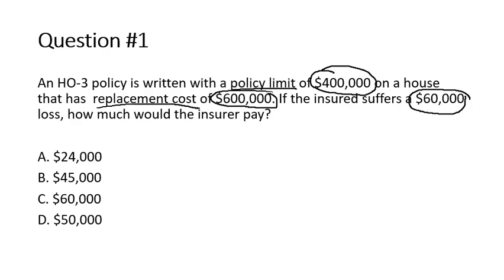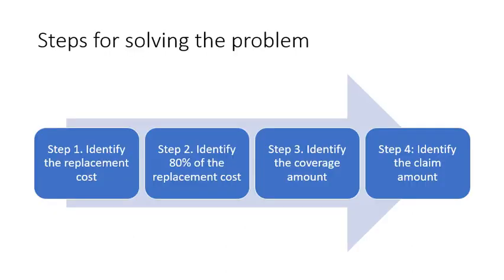Now that we have all three of those things, this tells me this is a coinsurance question. We need to identify the replacement cost, which we already did. We need to identify what 80% of the replacement cost is, the coverage amount, and the claim amount.